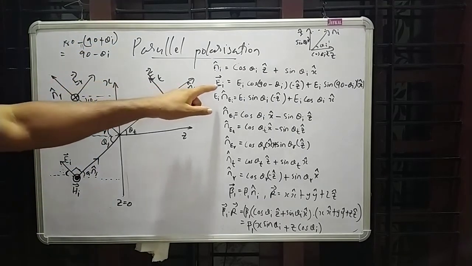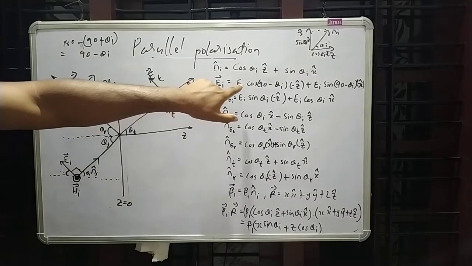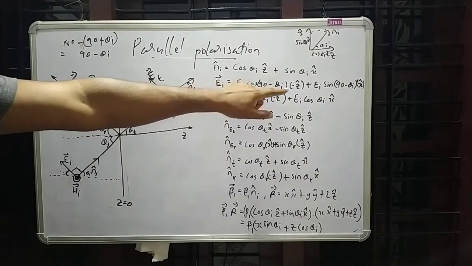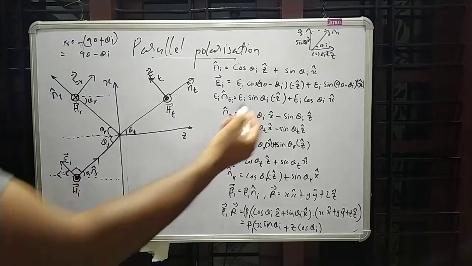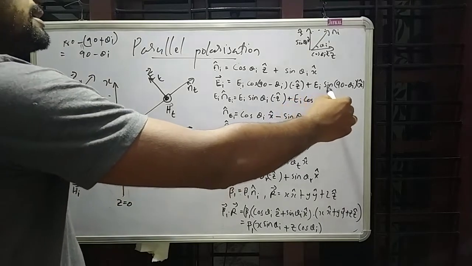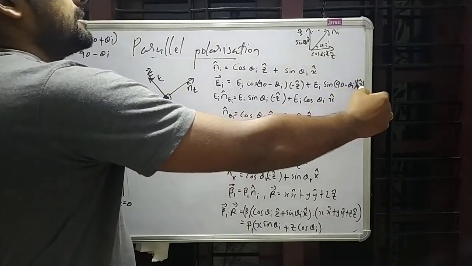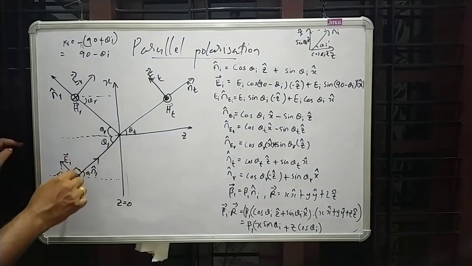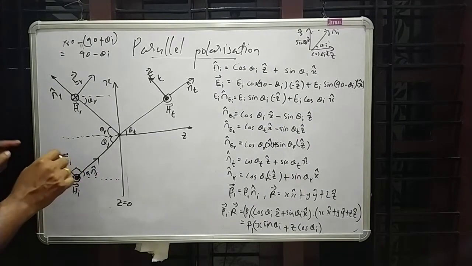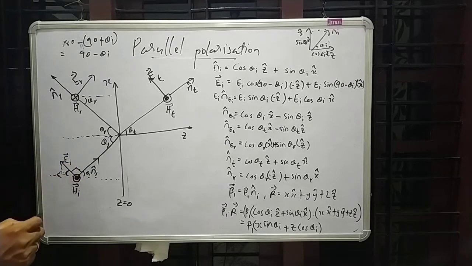So the electric field vector can be written as Ei cos(90 minus theta i) in the minus z direction, since this component is in this direction, plus Ei sin(90 minus theta i) in the x direction. This can be divided into two components, x component as well as z component.